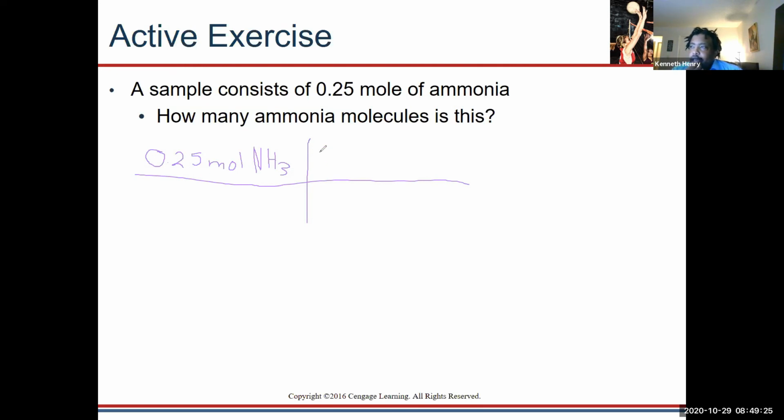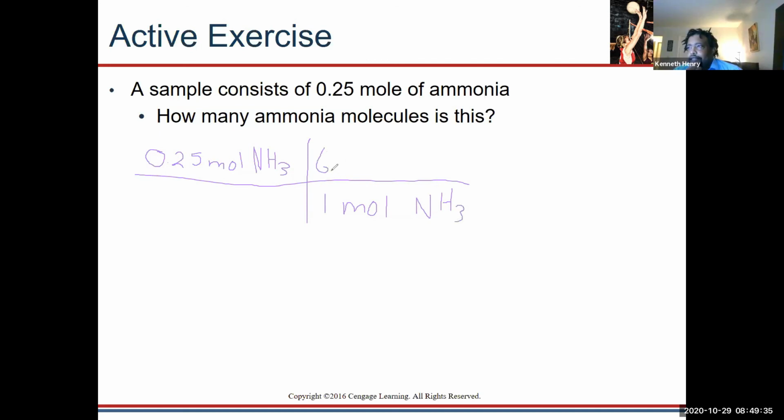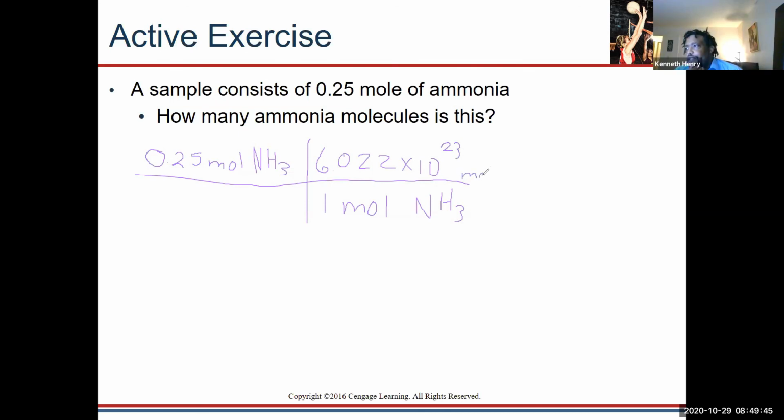So you said 1 mole at the bottom? Yes, because we want the units to cancel out. Okay. And then 6.022 at the top? Yes. And that's molecules of ammonia.